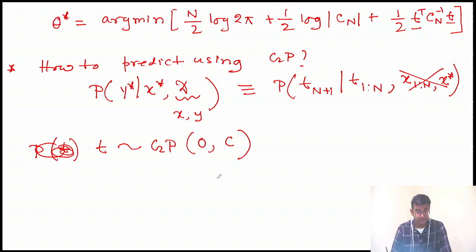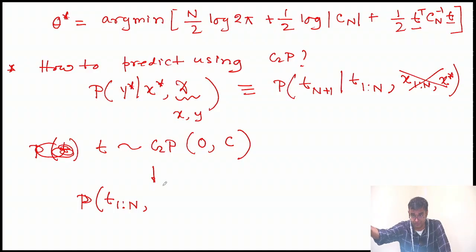Now, if T is a Gaussian process, then from here, what is the probability of T 1 to n, comma, joint distribution T n plus 1? What will it be?